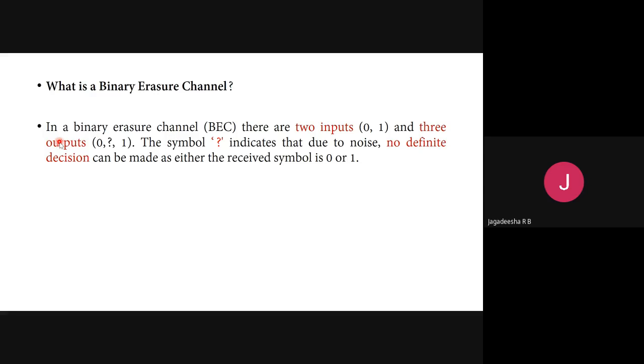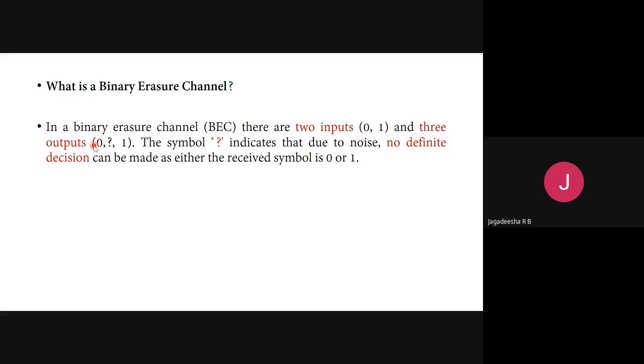Okay, now we will see a more formal definition of the binary erasure channel. In the previous slide, I gave you the outset of a binary erasure channel, how we can represent the information. Here we have the definition. In case of a binary erasure channel, which is also called BEC, there are two inputs because this is binary, so either 0 or 1. And there are more than 2 outputs.